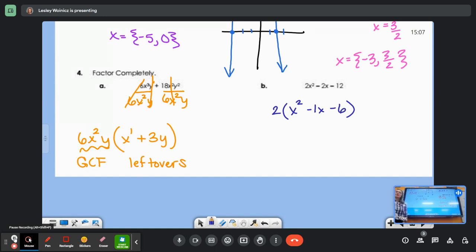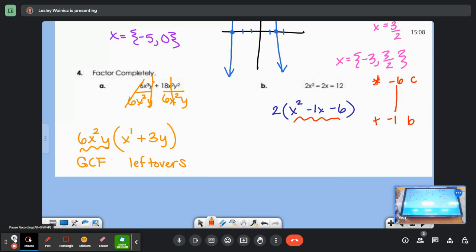Now I have to look at my leftovers. Do I have a trinomial to factor? Yeah. So remember that we multiply to our c value, -6, and we have to add up to our b, which is -1. So this is our c and this is our b. B goes on the bottom, c goes on the top like a cap.